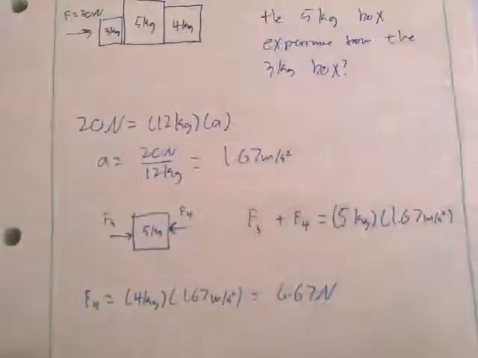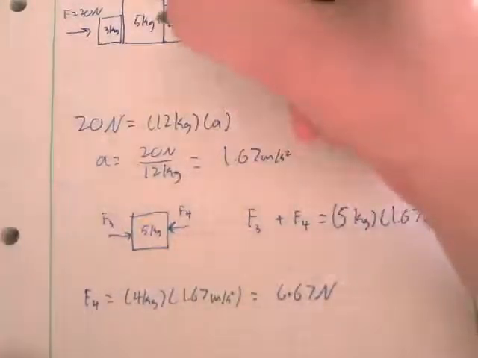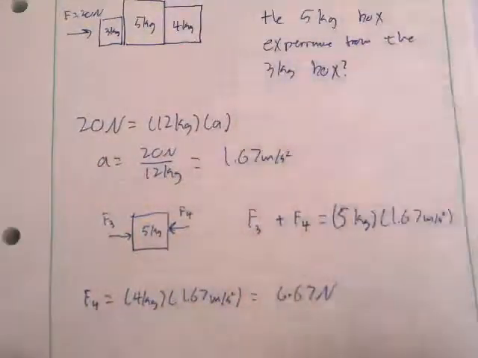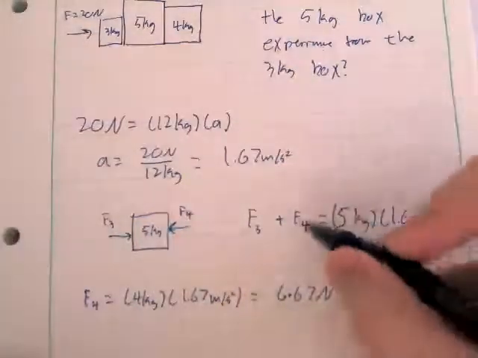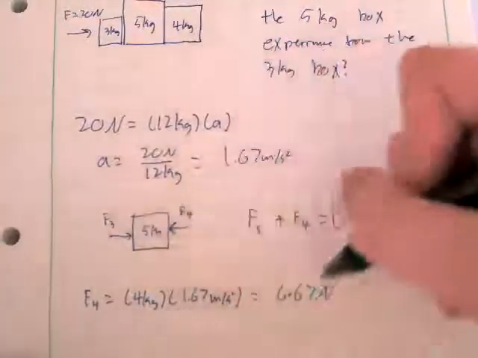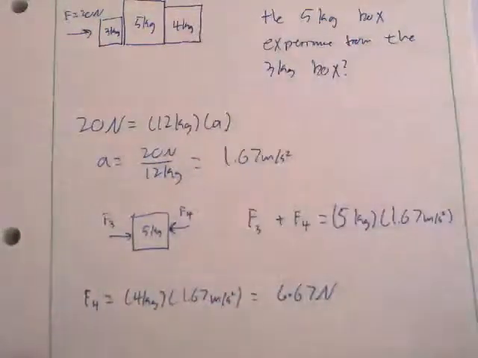So this ends up being 6.67 newtons. But of course, in the case of the 4 kilogram box, it's pushing to the right, so we can say that it's still positive. But when we go back to plug it in here, the force that the 5 kilogram box experiences from the 4 kilogram box is this same force, but to the left, right? The same strength, but in the opposite direction.